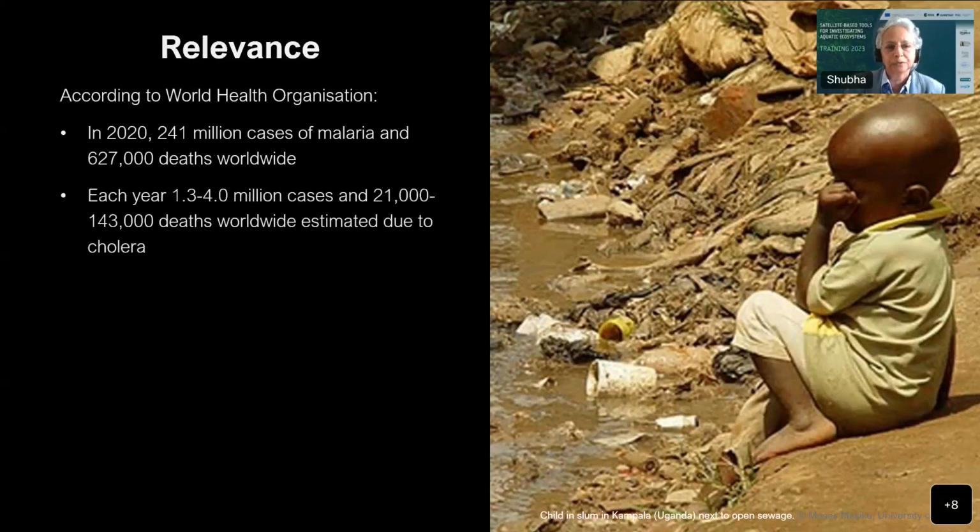If you look at the case of cholera, there were millions of cases reported, and somewhere between 20,000 and 140,000 deaths were associated with cholera worldwide. See this big uncertainty in numbers, and this is a problem. There is frequently high underreporting of waterborne diseases, so remedial measures become difficult.